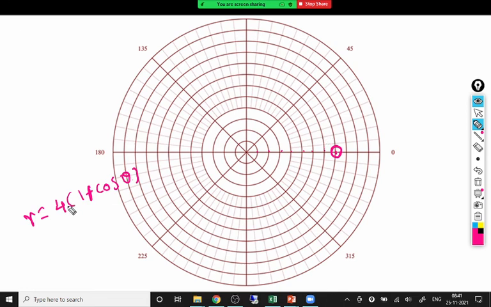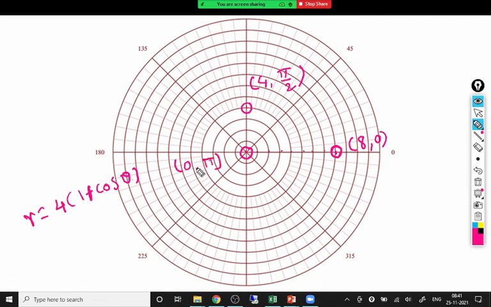Next, theta pi by 2. If theta is pi by 2, what is r? 4. So the next point you will get here, 4. Third, if theta is pi, r is 0. So the points are 8 comma 0, 4 comma pi by 2, and 0 comma pi.